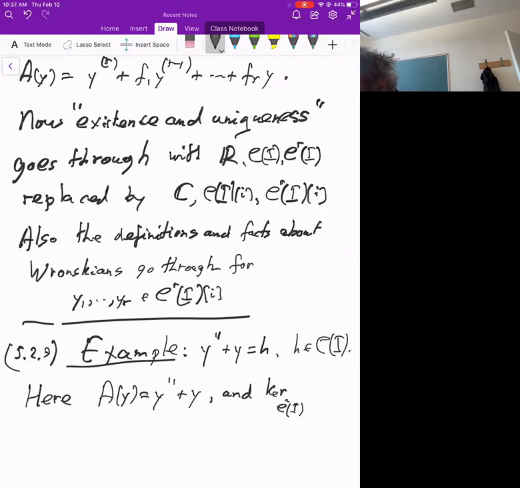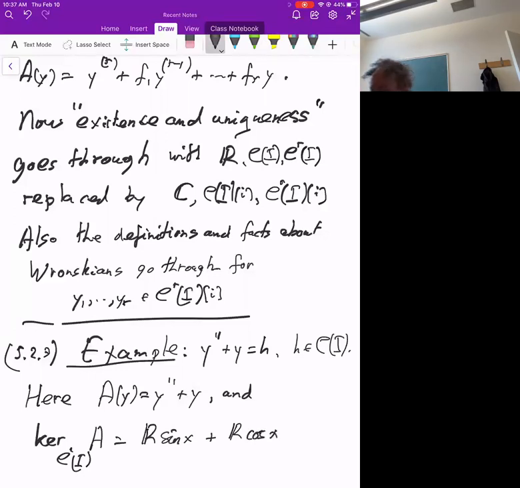Let me write it clearer. The kernel of the operator on C2(I) is the set of R sine x plus R cosine x, the linear combination of the sine function and the cosine function. Here x is simply the identity function on I.